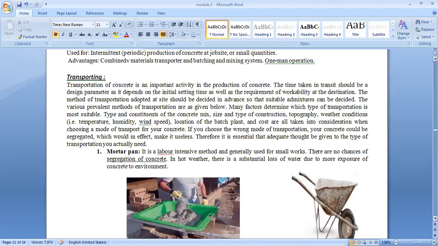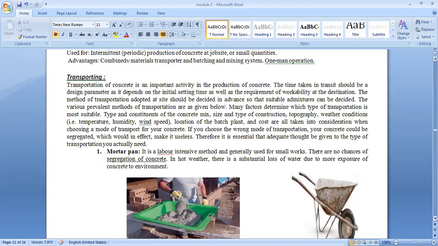The method of transportation adopted at the site should be decided in advance so that a suitable admixture can be added. If you choose a wrong mode of transportation, your concrete would segregate, which would in effect make it useless. Therefore, adequate thought must be given to the type of transportation actually needed.